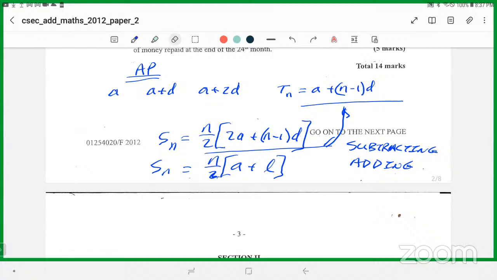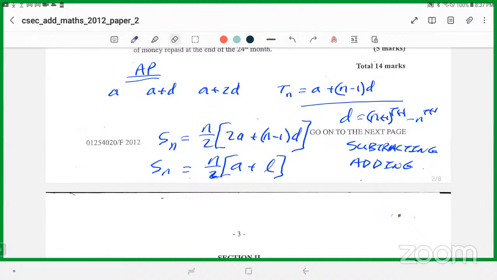Let's talk about GP a little bit now. So these are the main formulas for AP I just showed you. Remember that d is equal to a term, the n plus 1 term, minus the nth term. A term minus the term before it gives you the common difference.